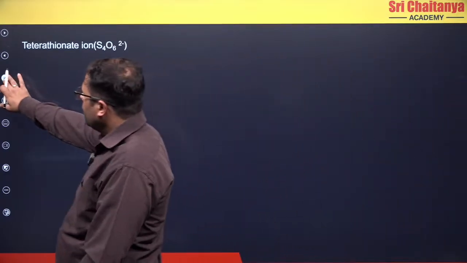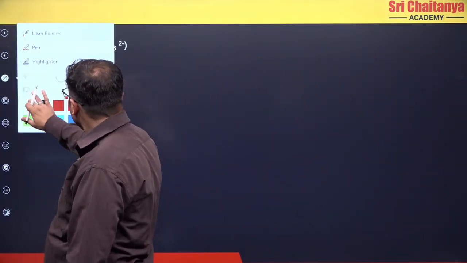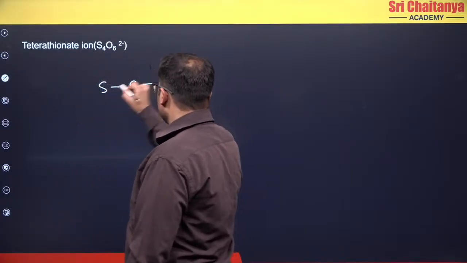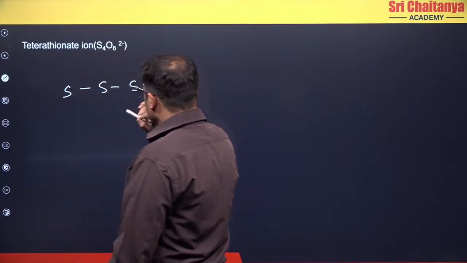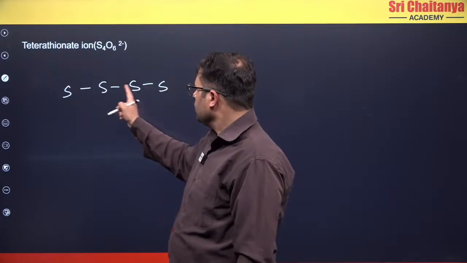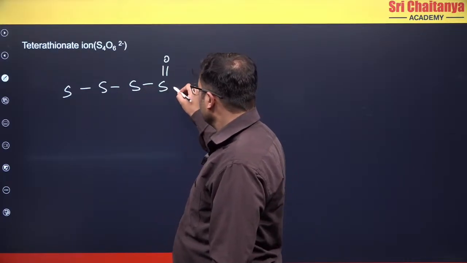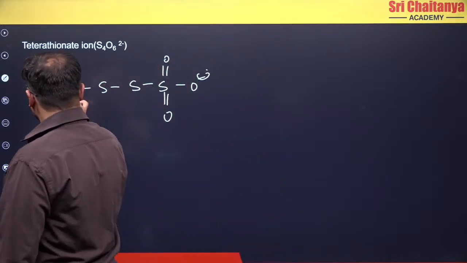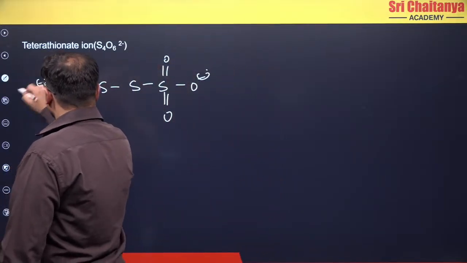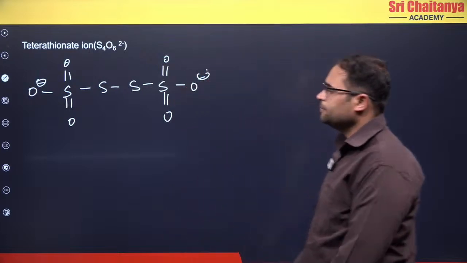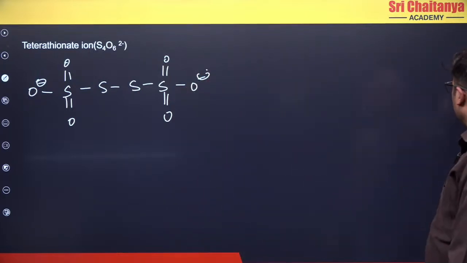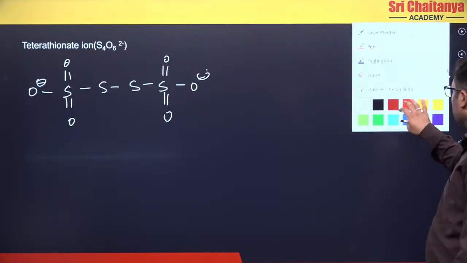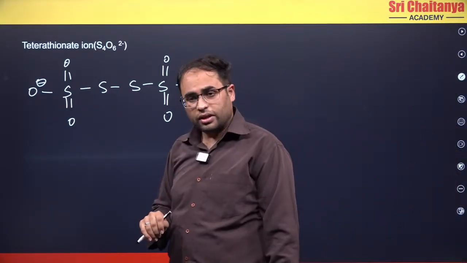Tetrathionate ion, S4O6 2-. It has a little bit tricky structure, like this. So there are two different kinds of sulfurs here. Let us get to that.